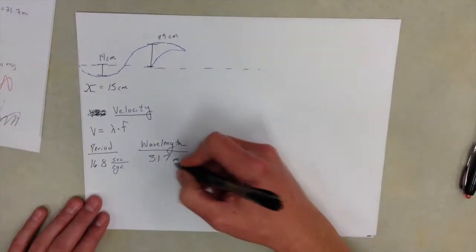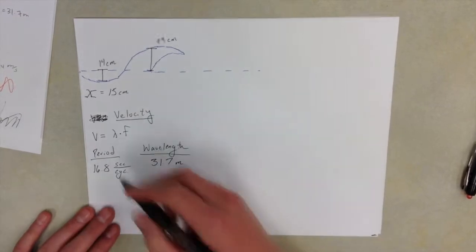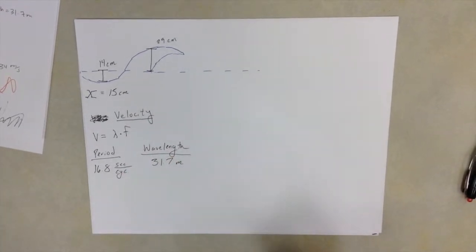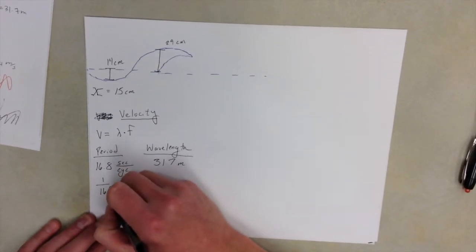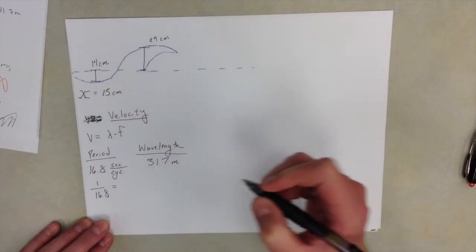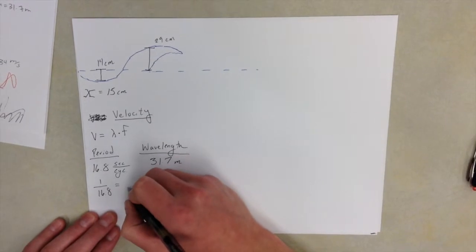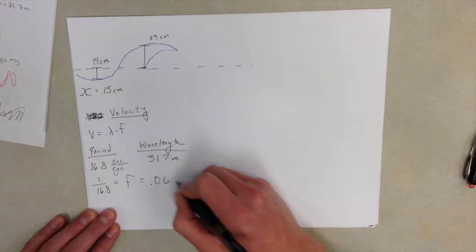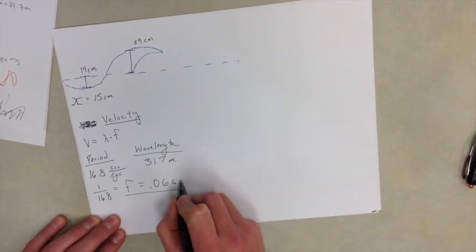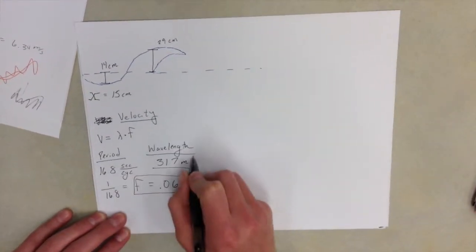So the wavelength is standard, so we can just plug that in. But with the period, we need to take the reciprocal, so we need to do 1 over 16.8, and that'll give us our frequency. So we have frequency equals 0.06 seconds. So that is our frequency, and then this is our wavelength.